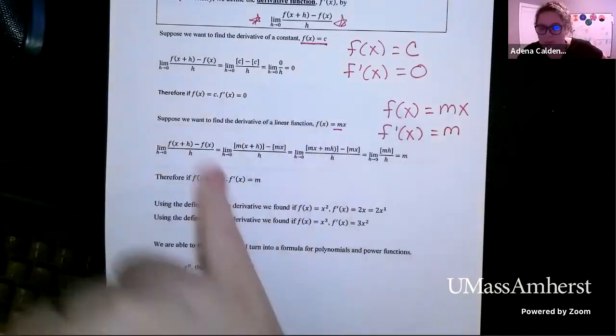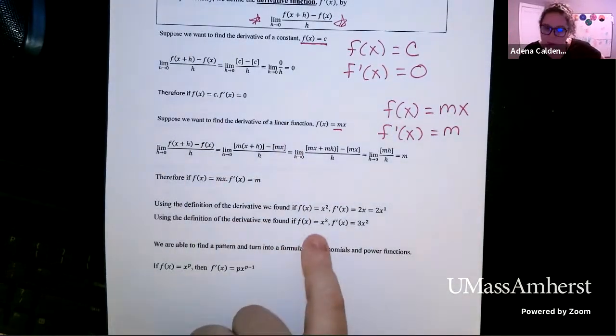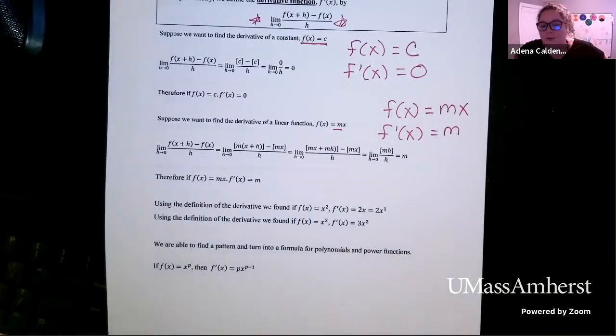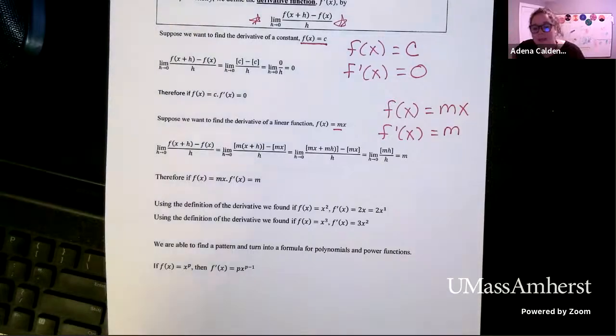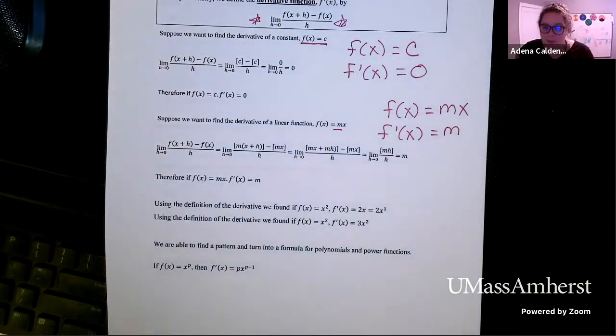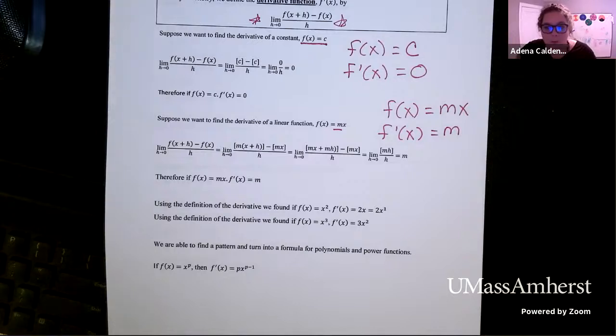Once we did some simplification here. If we were to do it on x cubed, we would find that the derivative is 3x squared. So all of this to say is that if we do this on enough types of functions, we start to get formulas. And so the first formula that we're going to look at today is called the power formula.